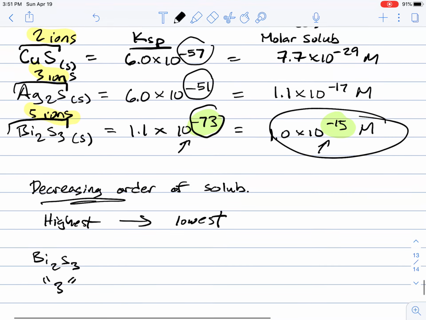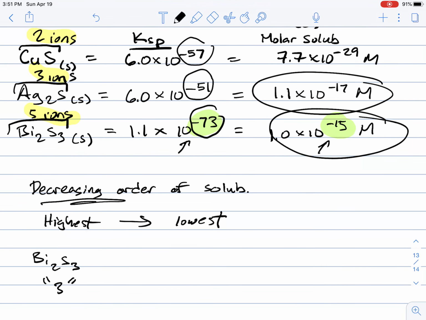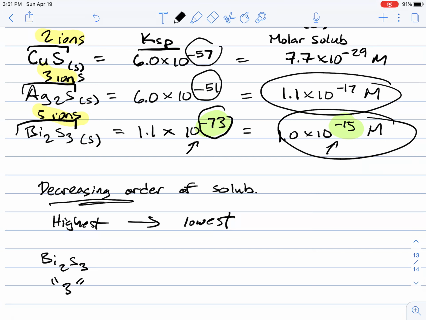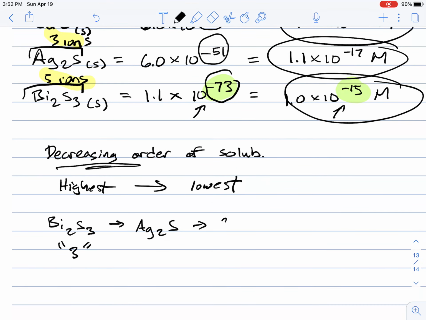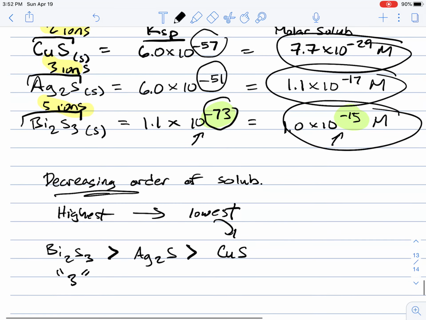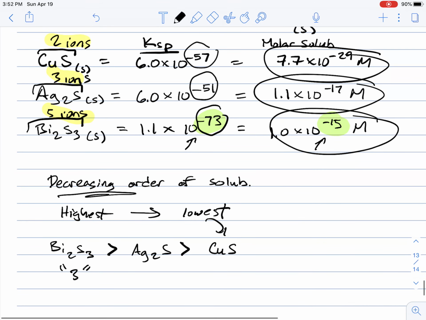And so the one in the middle is going to be 1.1 times 10 to the negative 17. That's going to be Ag2S. And then the last one is going to be copper 2 sulfide. All right. And so in this case, the substance that has the least molar solubility is copper 2 sulfide.